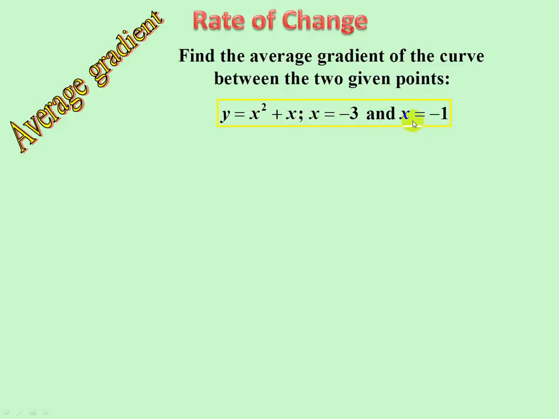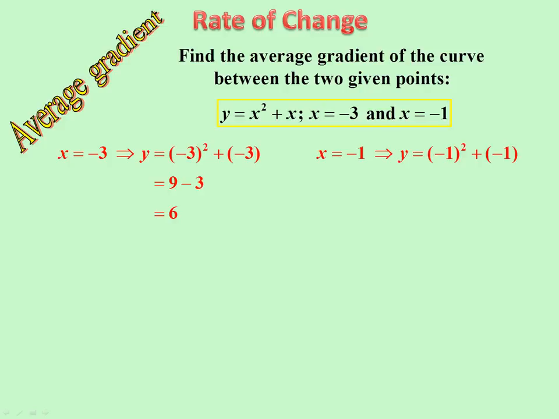So if we substitute, we have the y values. When x equals 3, y equals 6. When x equals 1, y equals 0. Now we can just apply the gradient formula. Minus 3.